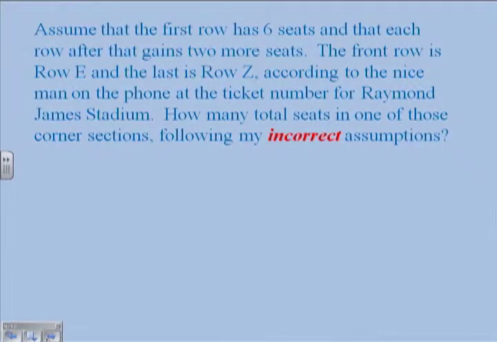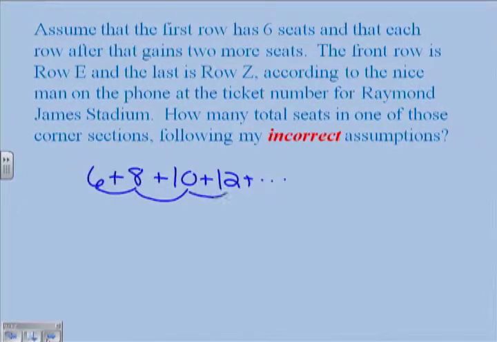Let's see here. Anytime I'm working with a sequence problem or a series, I like to start writing it out. I have 6 seats in the first row. The second row is going to have 8 seats. And then 10, and then 12, and so on, right? What kind of series do you see here? I add 2, I add 2, I add 2.